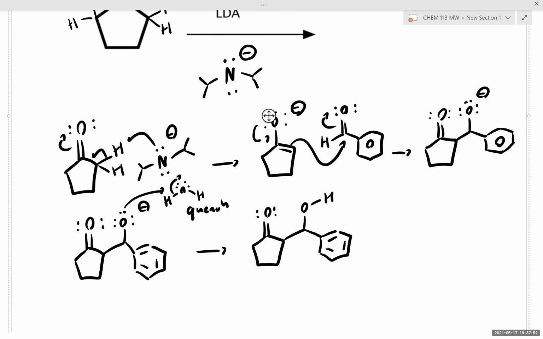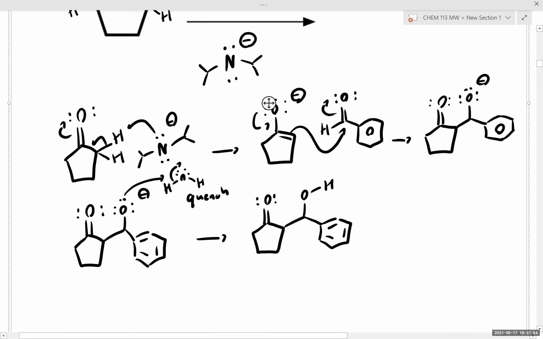If not, yes, there are no other products because our starting material is symmetrical. You do get a mixture of diastereomers at these two positions, but the stereochemistry of the aldol reaction is saved for future upper division organic courses.